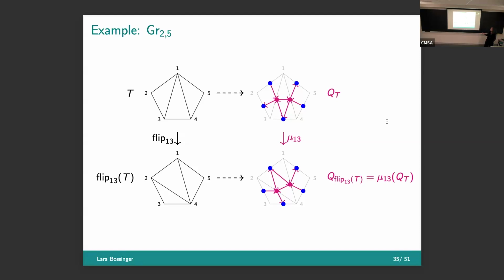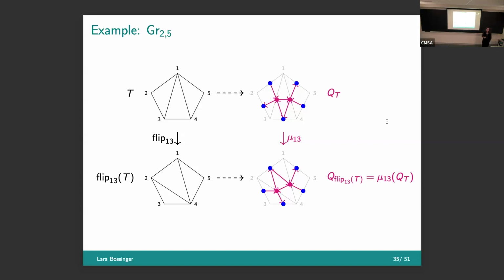And if I perform a flip on this diagonal 1,3 on the left side, changing it to the diagonal 2,4, the resulting quiver looks like this, and then it's an exercise to check that this gives me a commutative diagram if I perform the corresponding mutation. Okay, so the observation here is that if I start with the triangulation, the quiver associated with the flipped triangulation is the mutation of the quiver associated to the original.